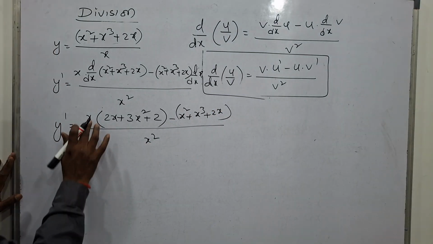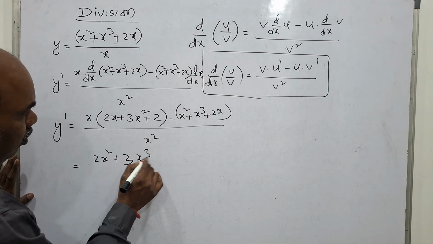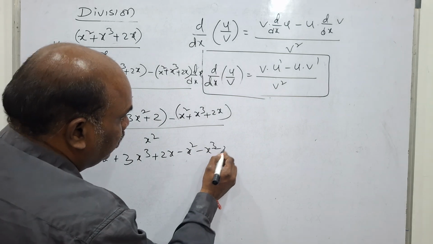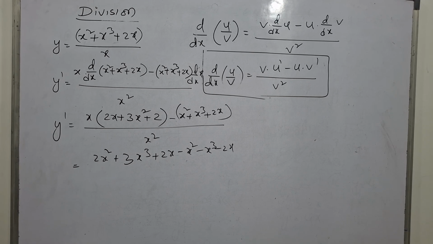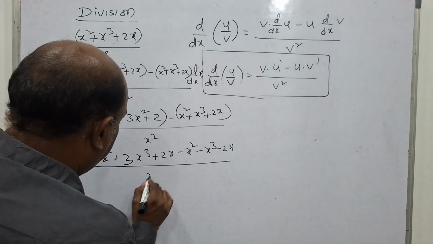Now simplify beta. 2x into x is 2x square, plus 3x cube plus 2x, minus x square minus x cube minus 2x, by x square.